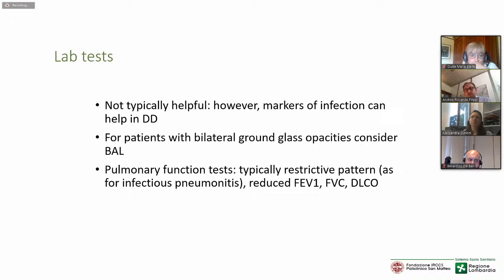For patients with bilateral ground-glass opacity, we consider bronchoscopy, especially in the times of the COVID-19 pandemic, because if the swab is negative but the clinical and radiological findings suggest a possible COVID-19 infection, together with being within 90 days from the end of radiation therapy with clinical symptoms, we now need to perform bronchoscopy, as Dr. Stella also said. The pulmonary function tests are typically restrictive, but again, this is very similar to what we find in infectious pneumonitis.